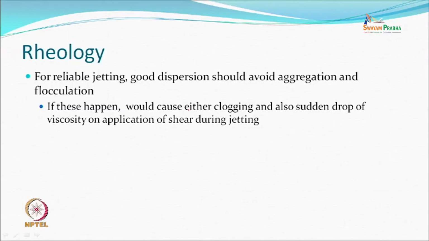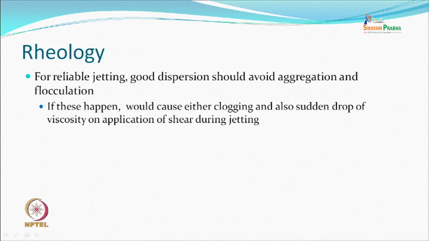So therefore selection of dye will be an important aspect in this. For reliable jetting, the rheology, what happens when you put shear, would be important. Good dispersion definitely, so that no aggregation or flocculation takes place.